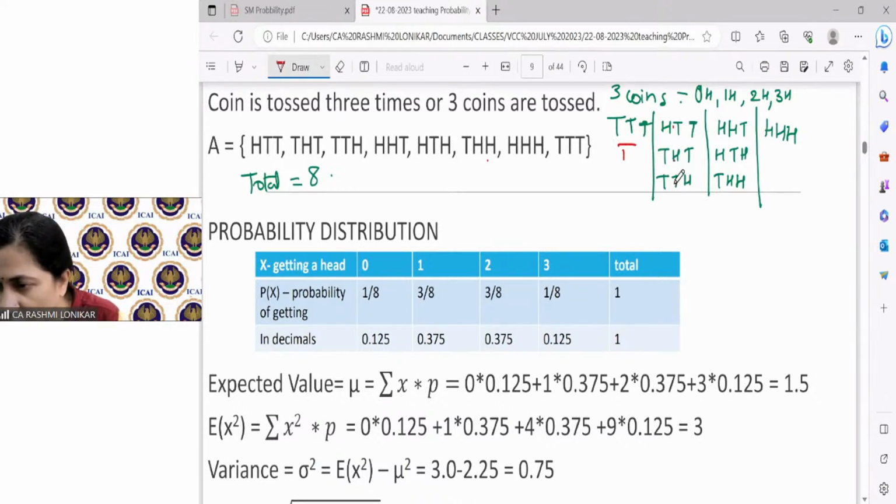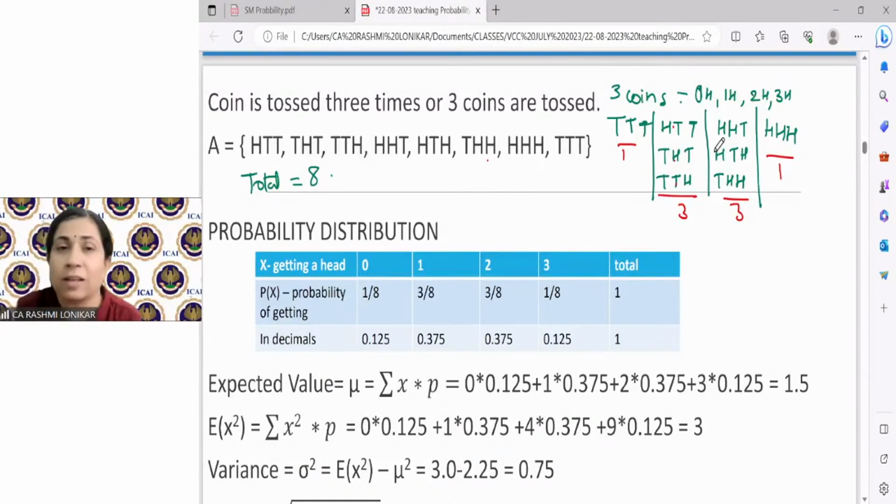How many times will I get one head? 1, 2, 3. So I write 3 by 8. Two heads is again 3 by 8. Three heads occurs only one time, when all 3 coins have head. So that is 1 by 8.